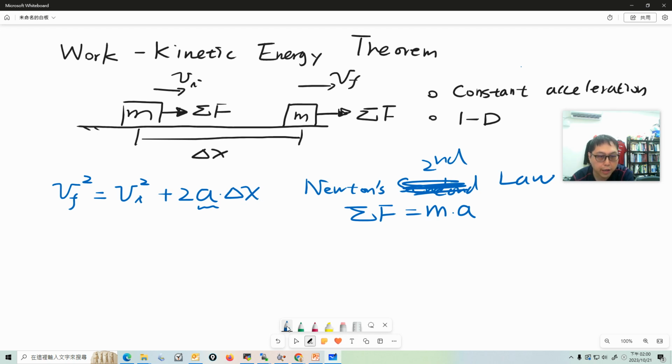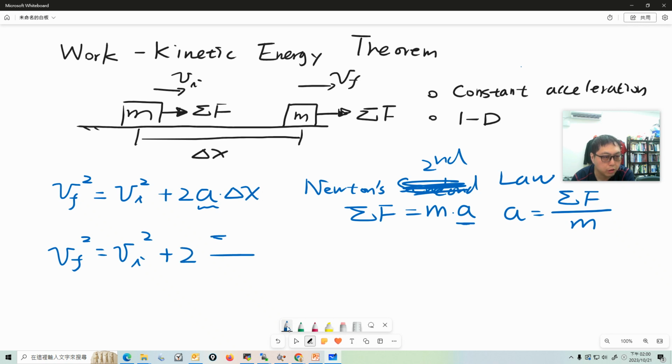We can replace a by the net force divided by mass. So Vf squared equals Vi squared plus 2 times sigma F divided by m times delta x. And if you remember the definition of work, sigma F times delta x is work.